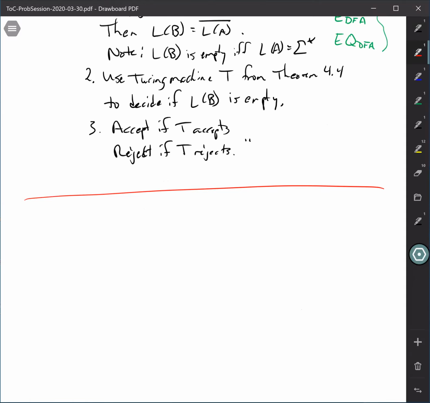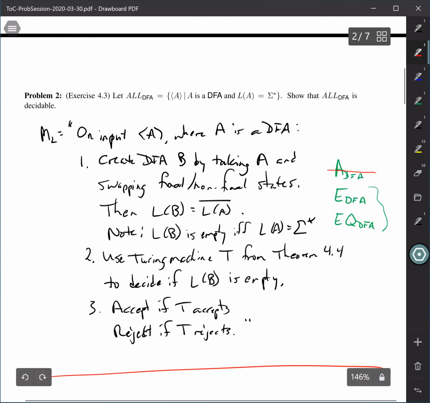Right. So Brandon says in the chat, I think it's a lot to do with how to reference the book's problems. So just make sure you know the names, right? There are 5 different languages that are given in the book that deal with regular languages and finite automata. There's A sub DFA, A sub NFA, A sub regular expression, whatever that one was. Then there's E sub DFA for empty languages and EQ sub DFA for equivalence of 2 different DFAs.